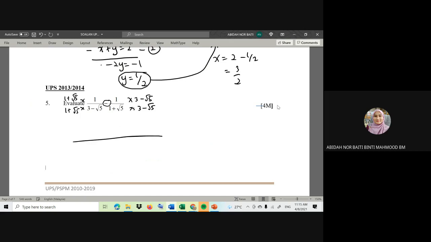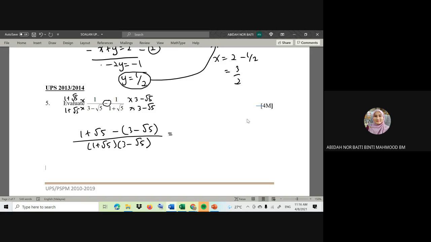Therefore your denominator becomes 1 plus 5 times 3 minus 5. Okay, this is your denominator. So we have made them the same. And your numerator is 1 plus 5 minus, bracket, don't forget the bracket because of the minus, 3 minus 5. Okay, and then we simplify the numerator and expand the denominator. At the numerator we simplify, at the denominator we expand.